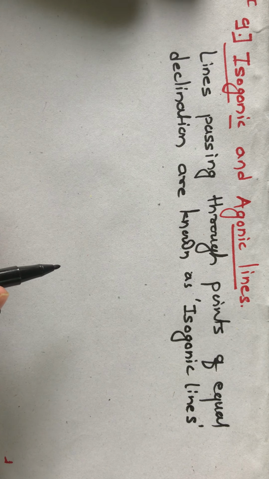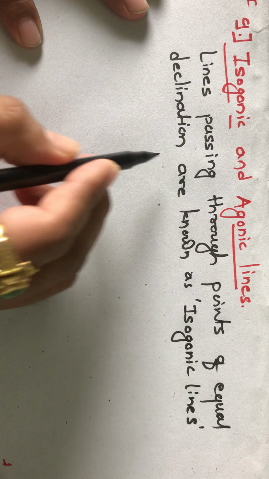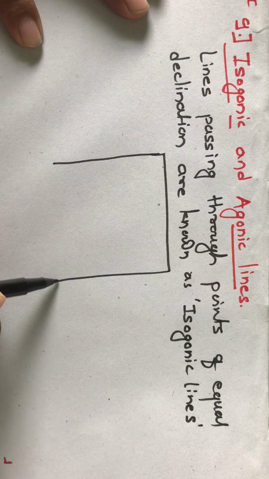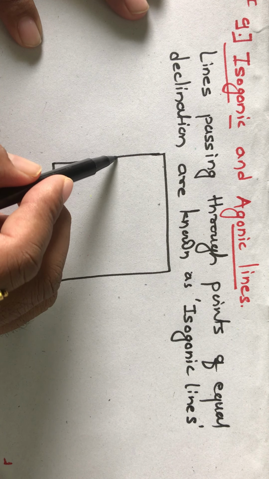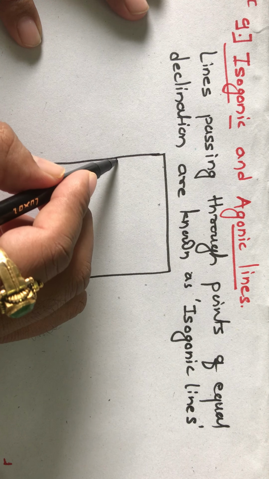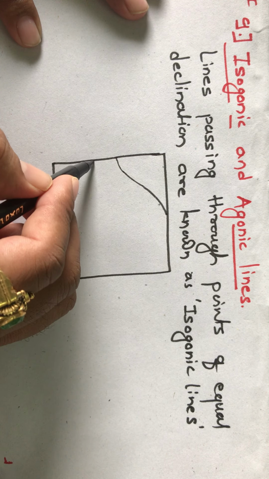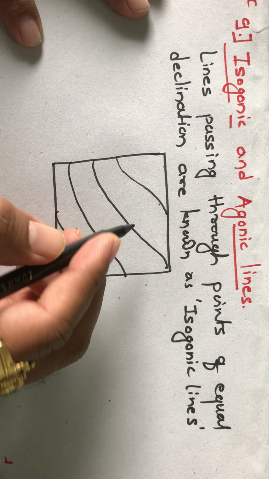It is clear. Now suppose I have taken one map. Suppose this line and this line have the same declination.